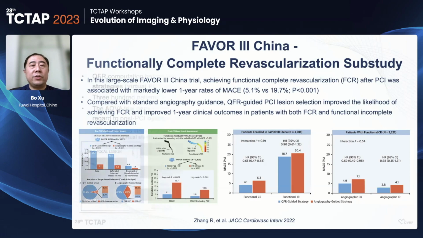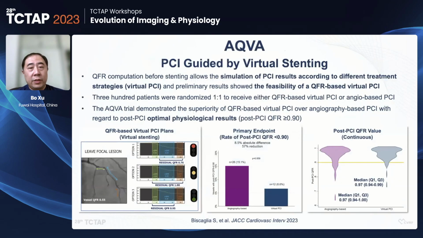In the AQVA trial, PCI guided by virtual stenting, 300 patients were randomized 1-to-1 to receive either QFR-based virtual PCI or angiography-based PCI.